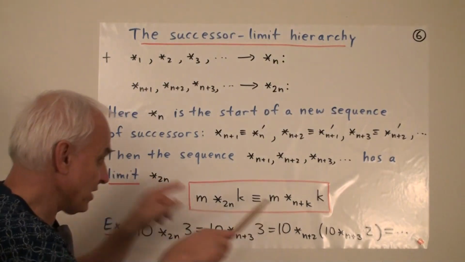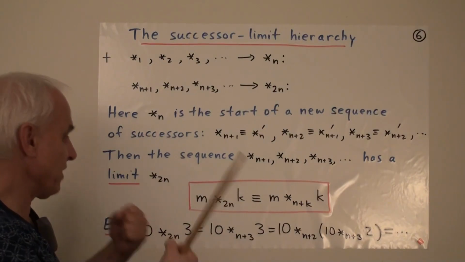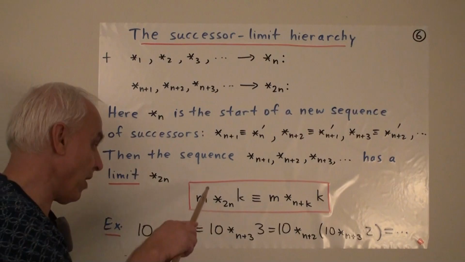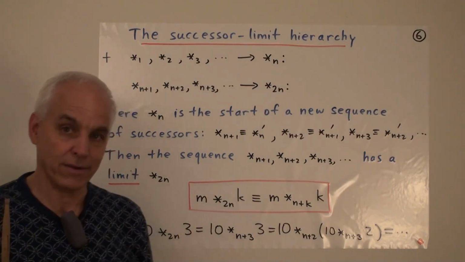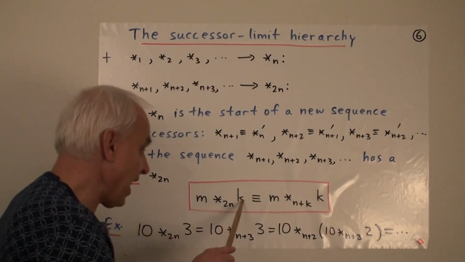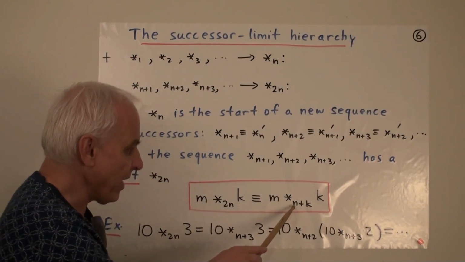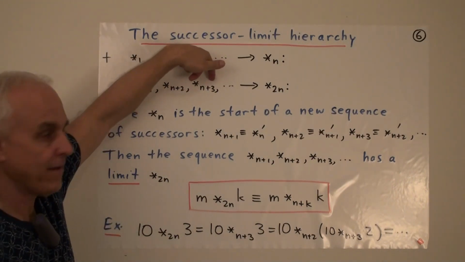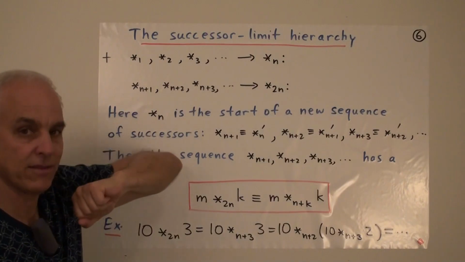So the definition here is very, very concrete. Star 2n. We're defining this operation very concretely. Here's a natural number m, here's a natural number k, and I'm telling you how to multiply m with k with this operation star 2n. Okay? And the definition is that what you do is you take this k and you replace 2n with n plus k. In other words, you go to the kth operation in this sequence that defines this limit, and you choose that kth one.